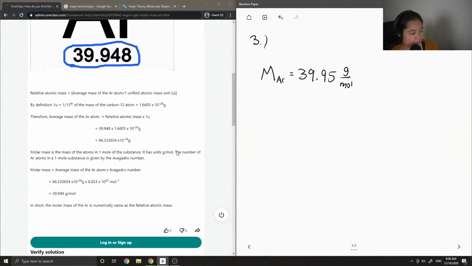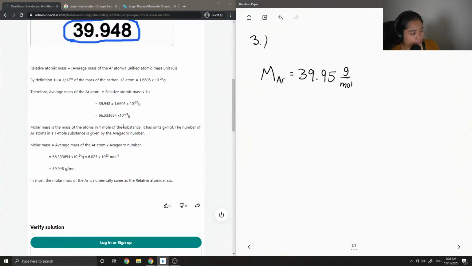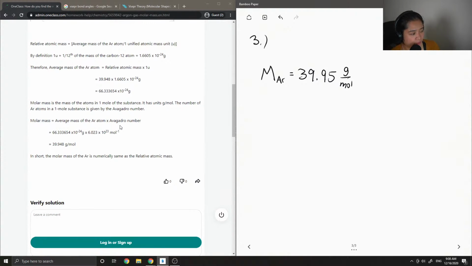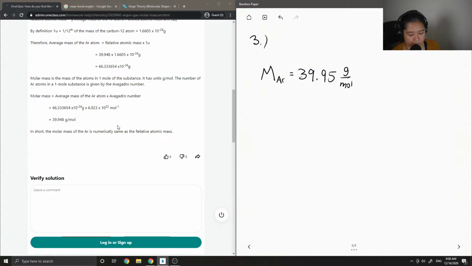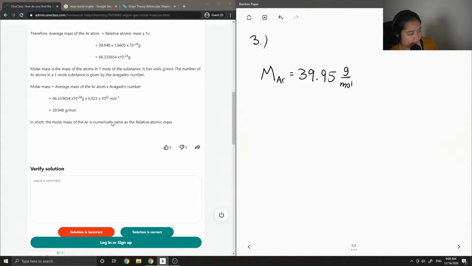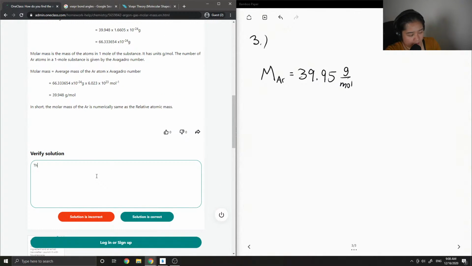Okay, so now they went into detail about how one would find relative atomic mass. So in other words, it's pretty much finding the average mass of all the different isotopes of that element. And yeah, they showed the whole calculation. So I could say that this solution is correct.